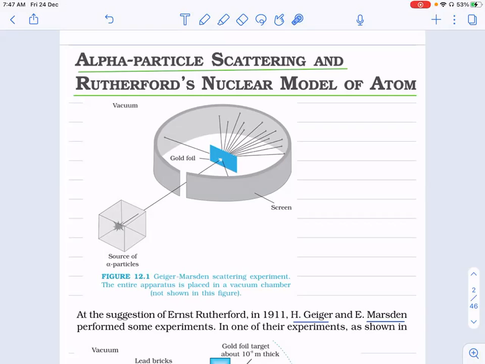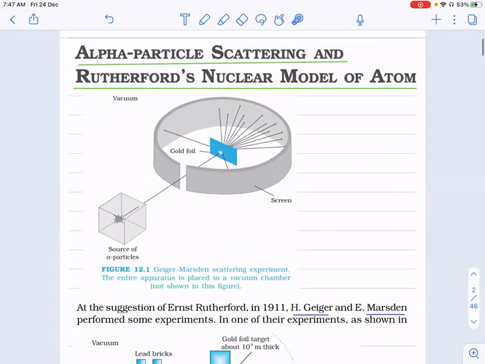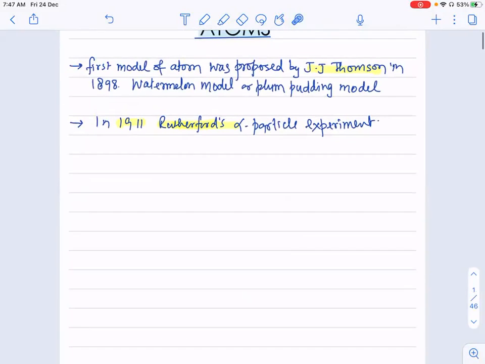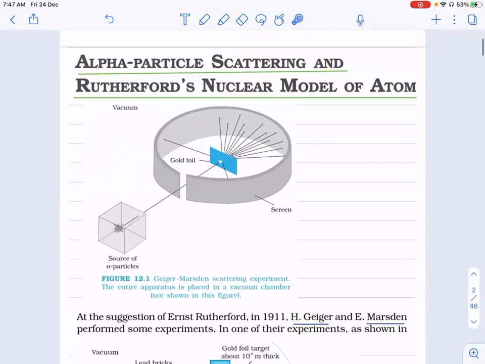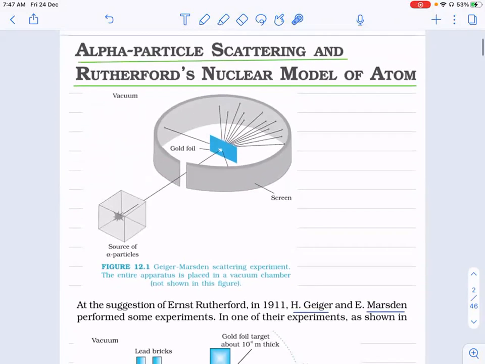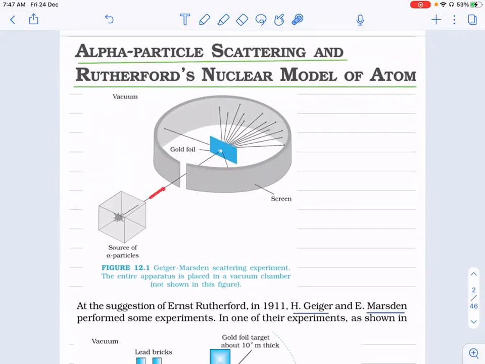That led to the discovery of nucleus in fact. ठीक है, ये केमिस्ट्री में भी आपने पढ़ा है, क्या किया था इन लोगों ने रदरफोर्ड अल्फा पार्टिकल एक्सपेरिमेंट में. ये देखिए यहाँ पे गोल्ड फॉइल है, there's the gold foil and alpha particles from the radioactive source were projected on the gold foil, and यहाँ पे ये ज़िंक डिटेक्टर है, ये स्क्रीन है ज़िंक.